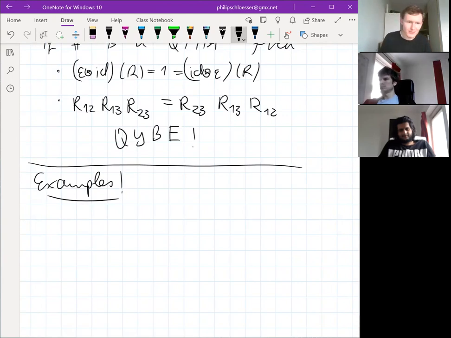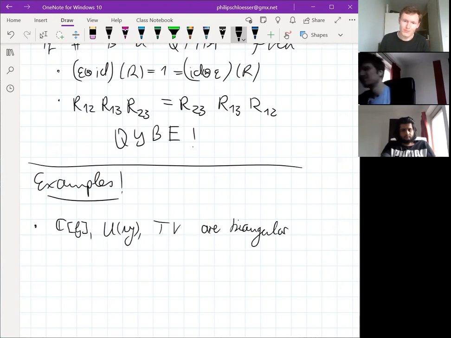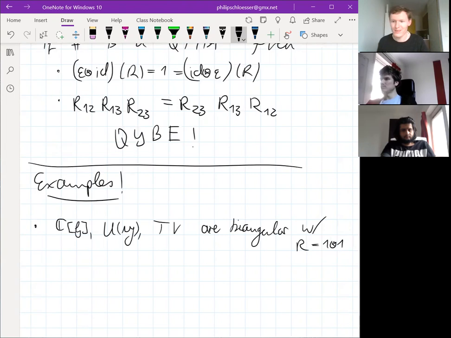Yeah, okay, first example. Well, the things we were looking at before, group algebra, classical enveloping algebra, tensor algebra, they are not only quasi-triangular, they are just triangular, where we can just take R to be 1 tensor 1.